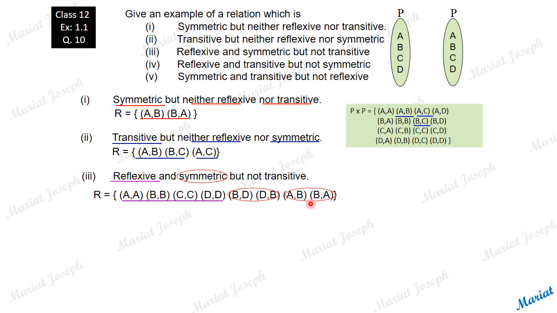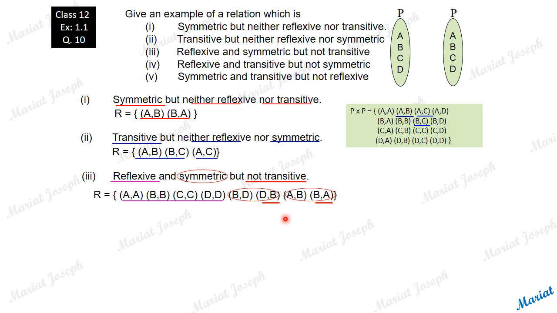Middle element same. So if AA is there, it will go transitive. Yes, it's there. It looks like the relation has automatically become transitive. This pair is following the transitivity. This pair is following the transitivity. But it's not actually transitive.